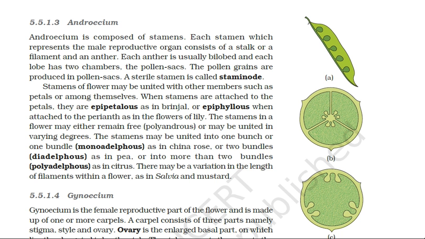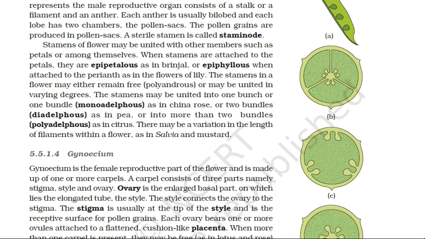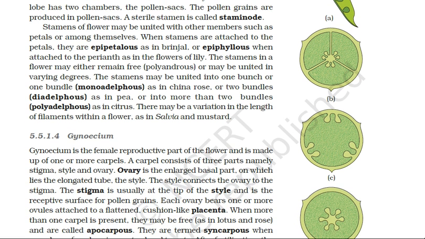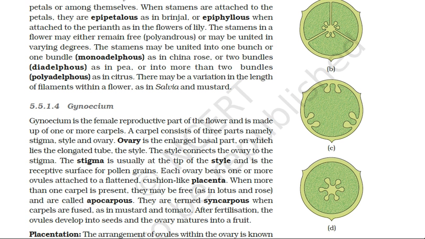Next is the free central. In this type, the ovules are borne on the central axis and the septa are absent.